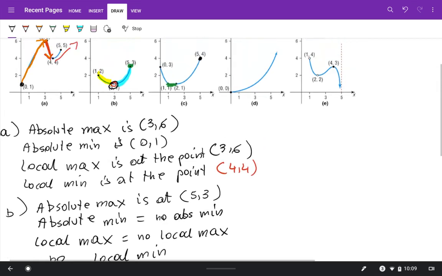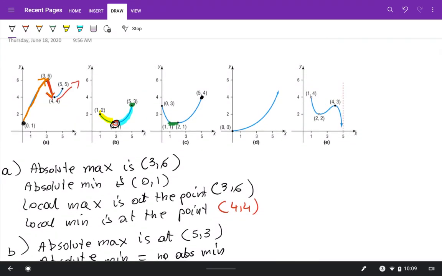So again, the absolute minimum is 1. That's the lowest y value of this function, which is 1 right here. The x coordinates just give you the direction where you can find it. So the absolute minimum is 1, and you can locate it on the interval from 1 to 2 right here.